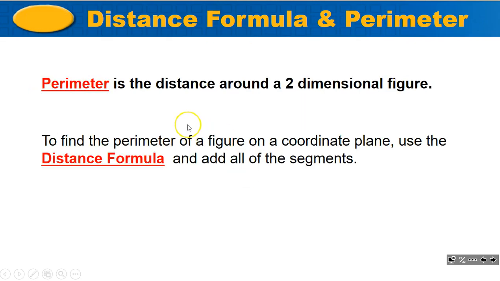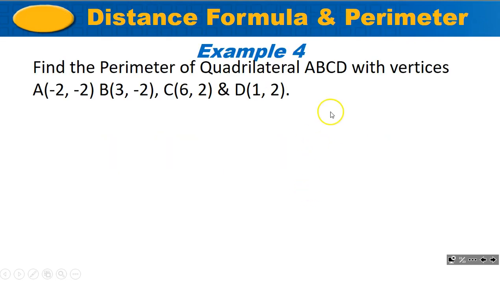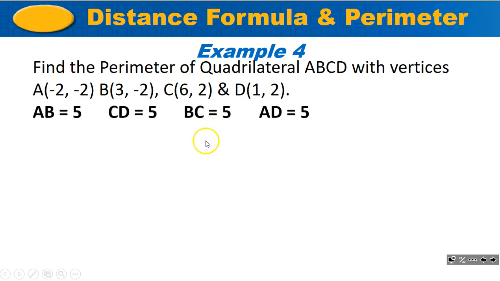All right, so we're on the back of the page now. Perimeter is the distance around the two-dimensional figure. So basically we add up all the sides and that's the perimeter. To find the perimeter of a figure in a coordinate plane, we're going to use the distance formula and add all the segments together. Now, on your notes, it says to go back and look at example 3, but we're going to look at example 2 instead, just for the speed of getting the problem done.